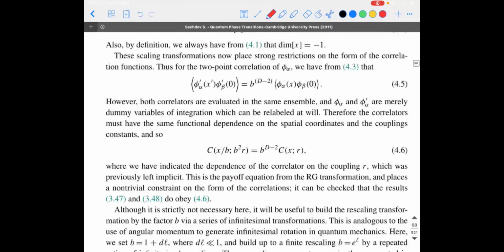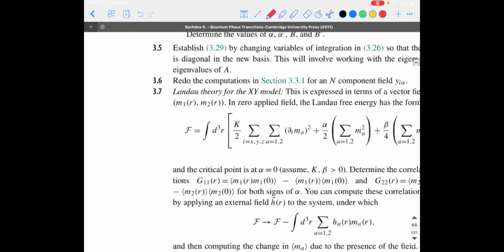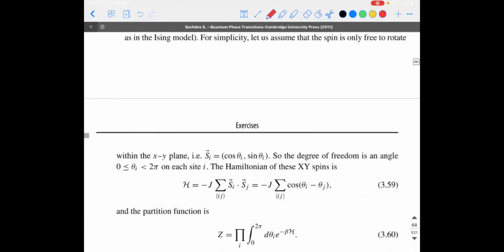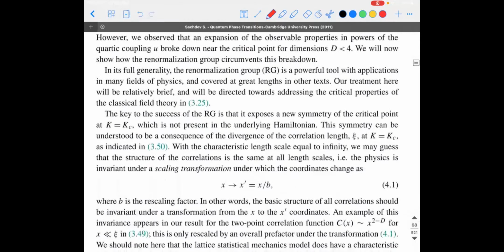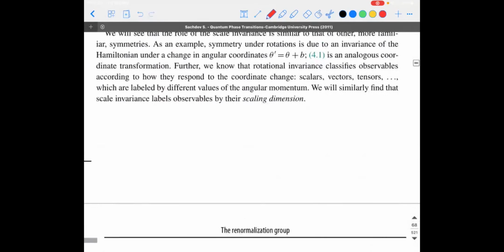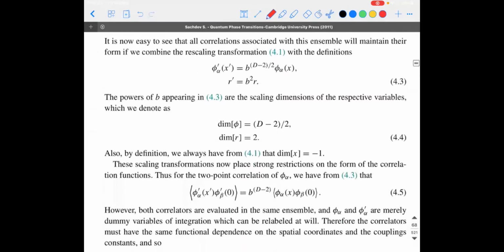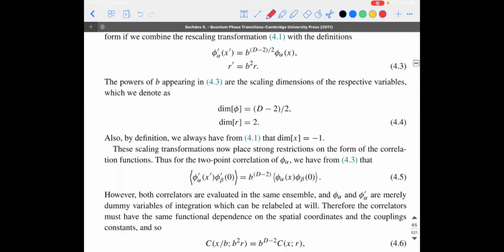Maybe we need to see it from the action S. You need to notice that r appears in the definition of the propagator.